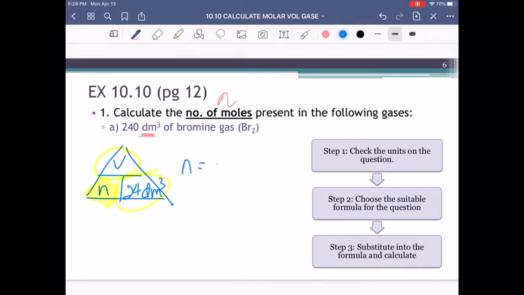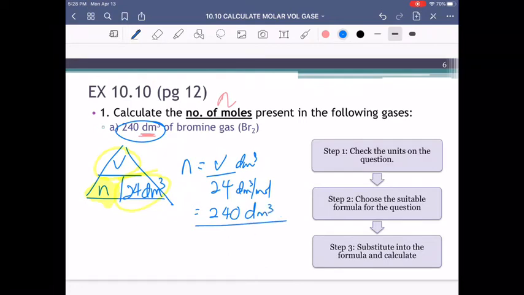So let's write the formula. Number of moles equals volume over 24. Since they are in dm³, the unit here is dm³ per mole. Substitute the volume: 240 dm³ divided by 24 dm³ per mole.